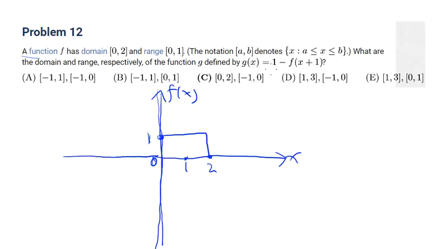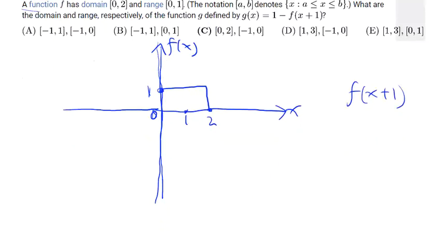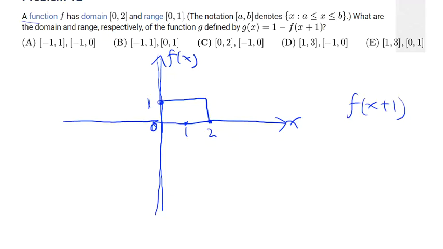Now g(x) equals 1 minus f(x + 1). Okay, first let's talk about f(x + 1). What would this thing's graph look like? We know f(x) has a domain of [0, 2].